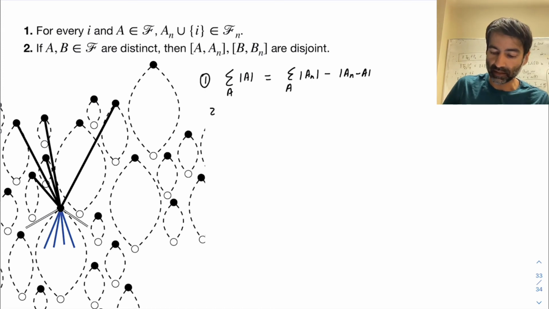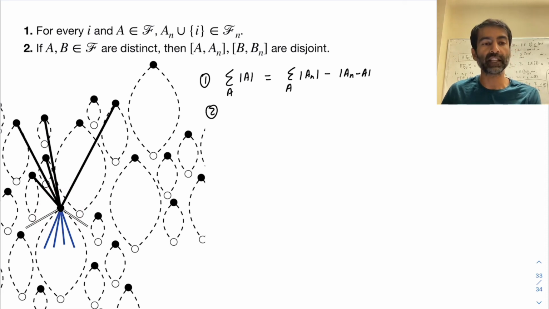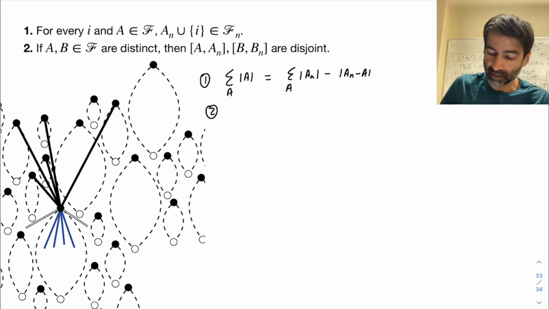And the second observation is that I'm going to try and count the edges in this picture, the edges touching every set A_n, in two different ways, and that'll give me an inequality. So on the one hand, exactly n edges touch every set A_n.